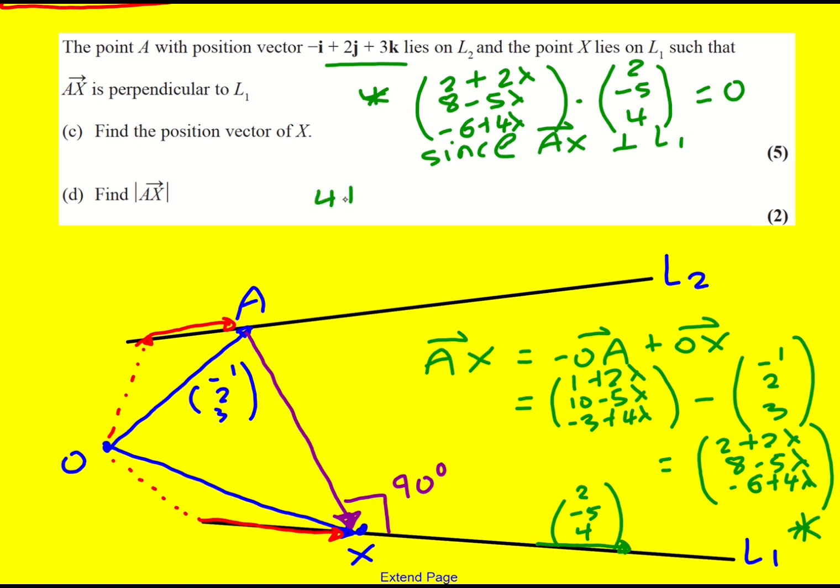All right, let's expand this out then. We're going to get 4 plus 4 lambda minus 40 plus 25 lambda minus 24 plus 16 lambda, and that's going to equal 0.